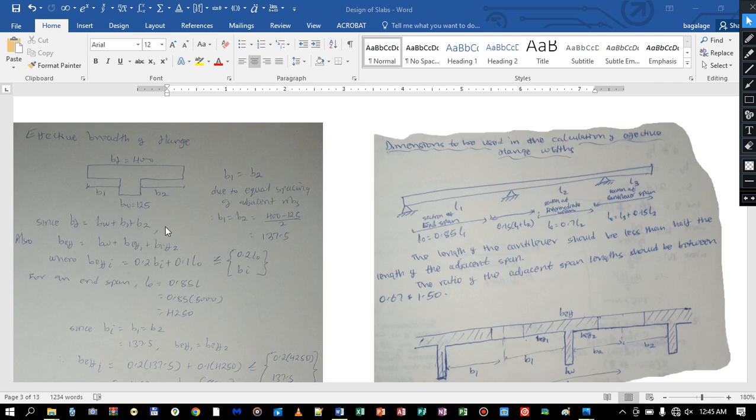Okay, from Eurocode 2, this is the code that we use in our country.